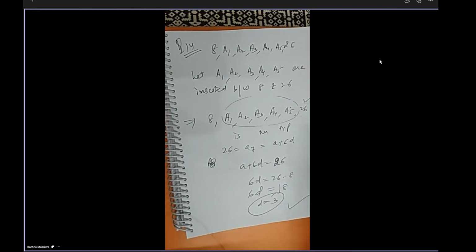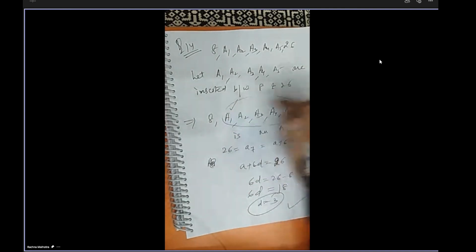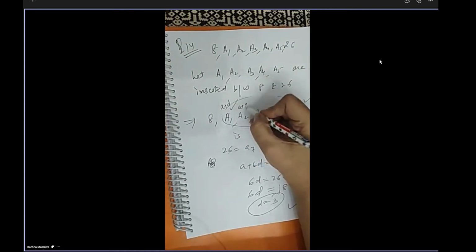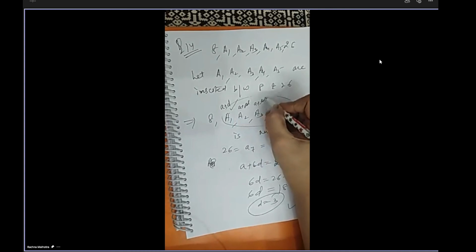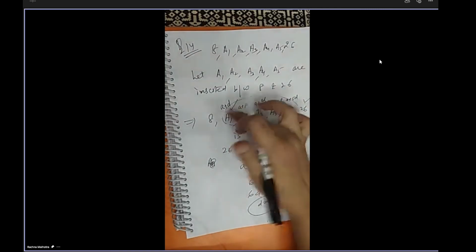So we have got d, now we can find A1. What is the formula for the second term? a plus d. So you can find the others with the help of a plus d, a plus 2d, a plus 3d, a plus 4d, a plus 5d. With the help of all these, you can find A1, A2, A3, A4, A5.